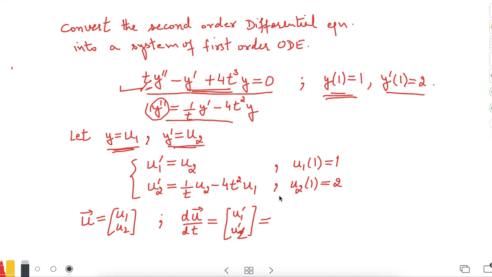And the u1 dash and u2 dash values are from these equations, so we can easily rewrite them as u2 and 1 by t u2 minus 4t square u1.